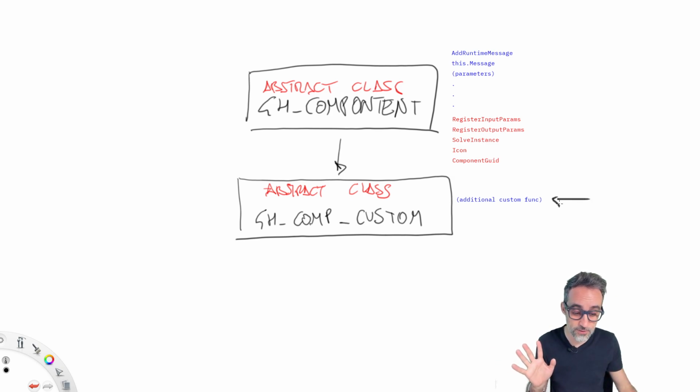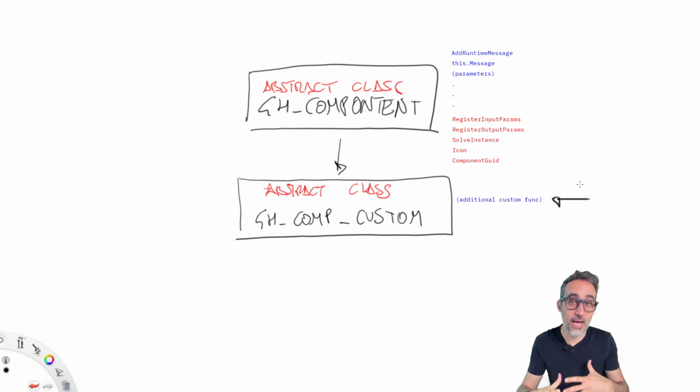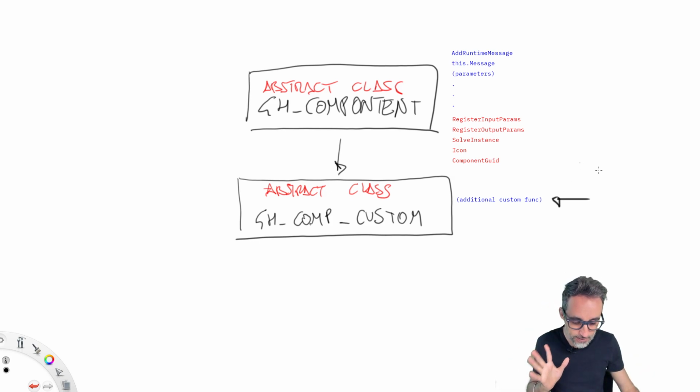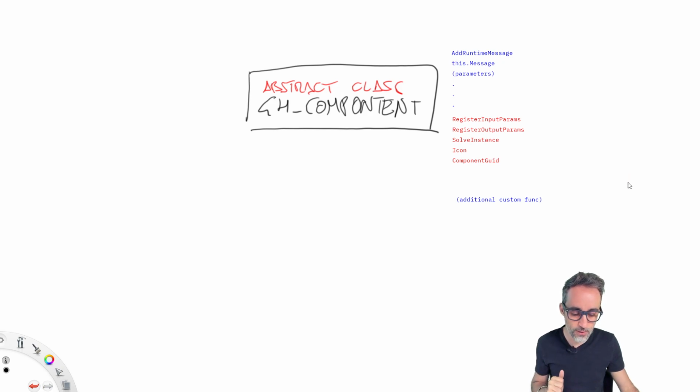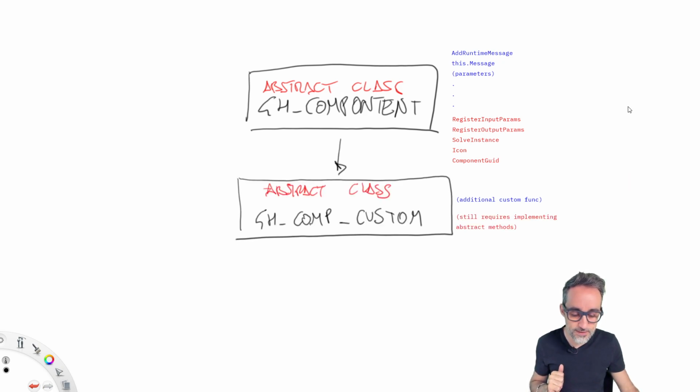So in our case, it will probably be something of the kind of having a post request, doing all the cycle of expiration, etc. And from our abstract class, we can still also ask whoever implements this that you are still required to implement the abstract methods that are coming from the parent. We can do that as well, all right?